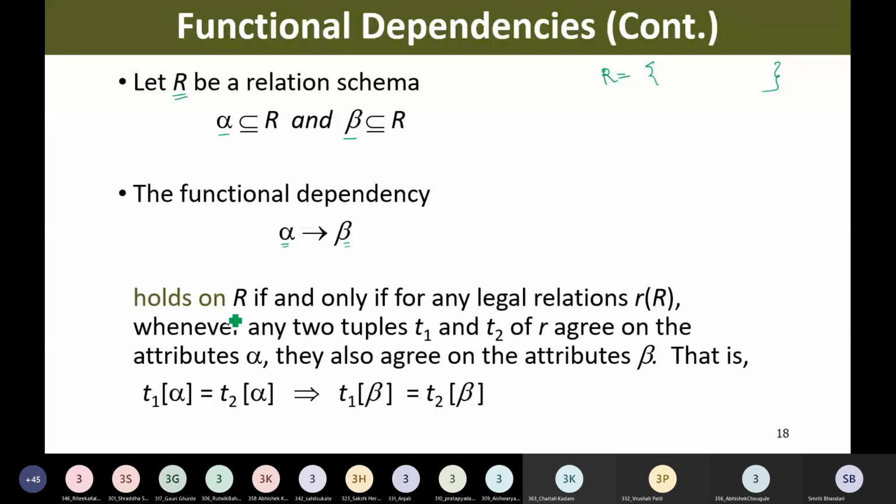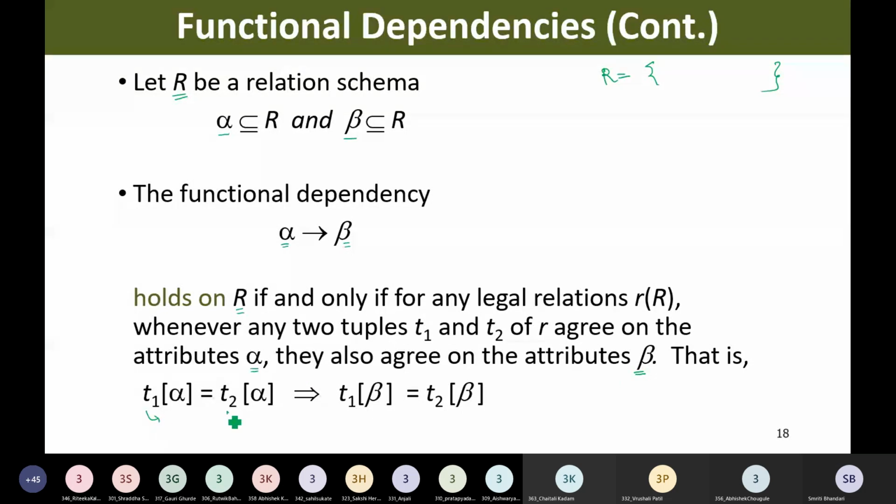holds on the relation schema R if and only if for any legal relation r on R, whenever any two tuples T1 and T2 of r agree on the attributes alpha, they also agree on the attributes beta.